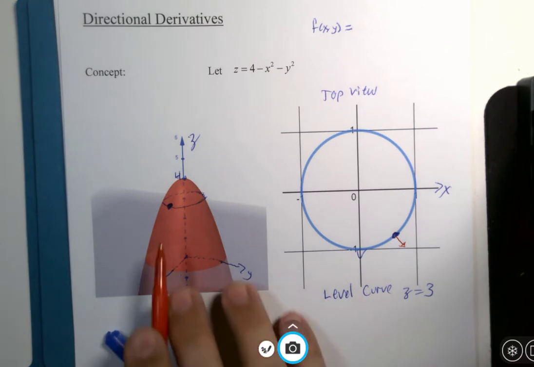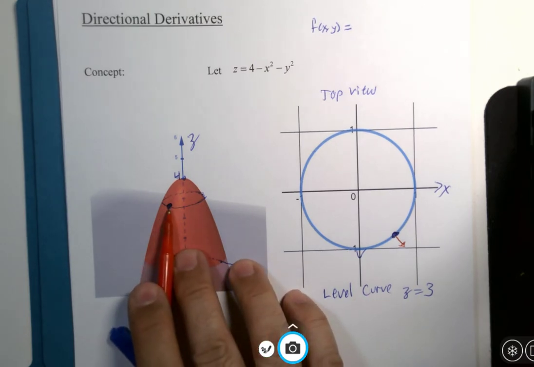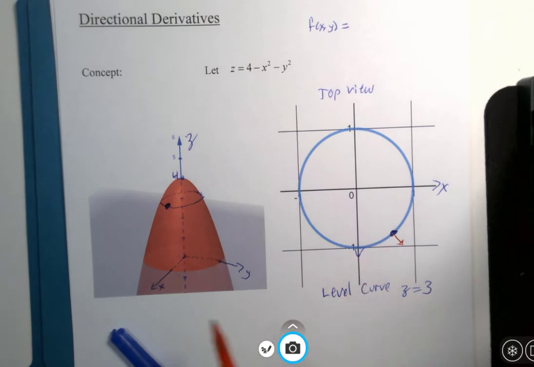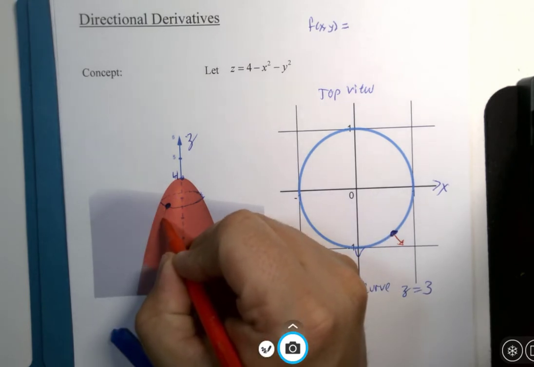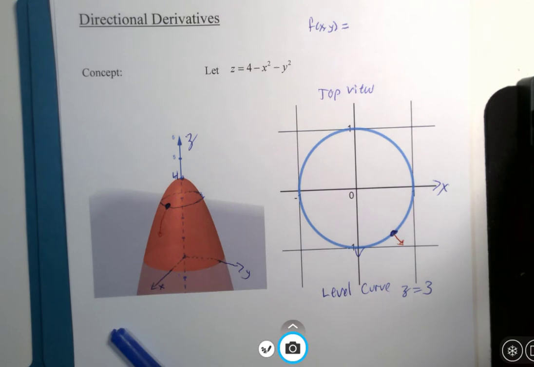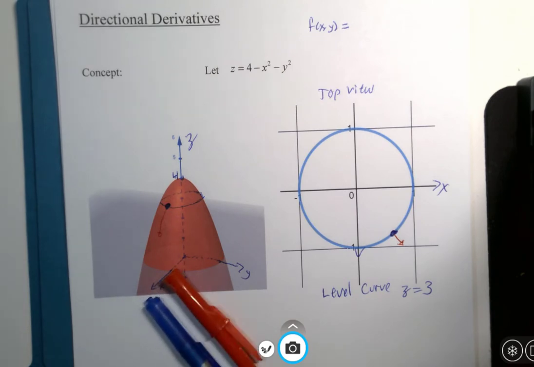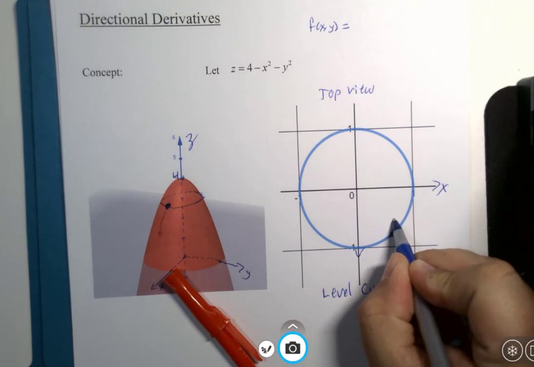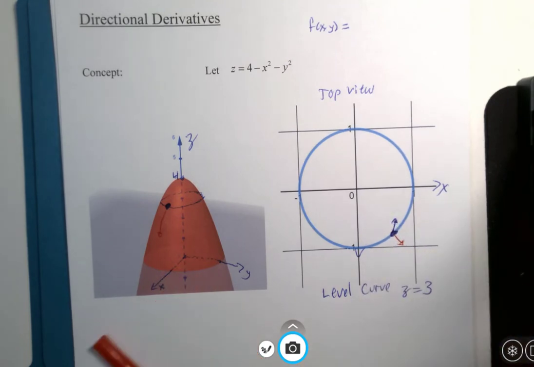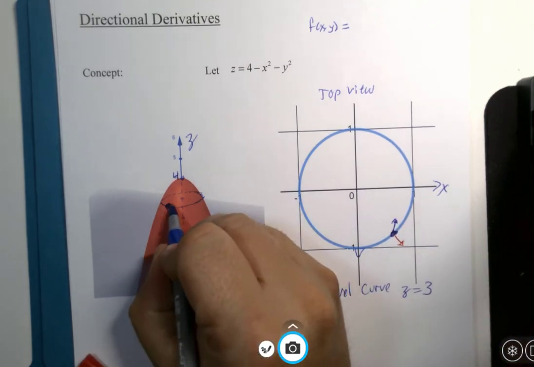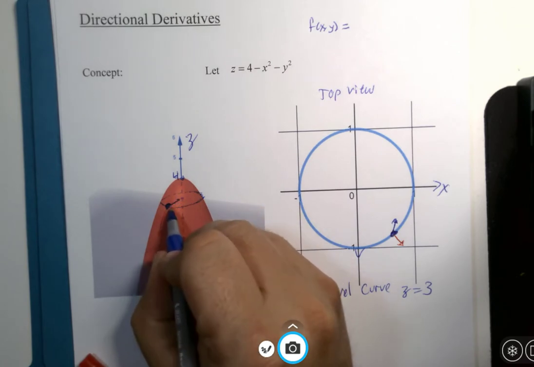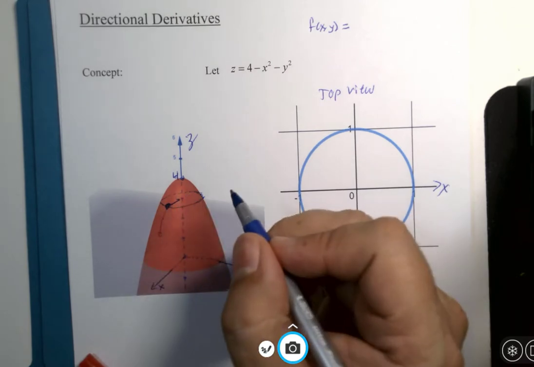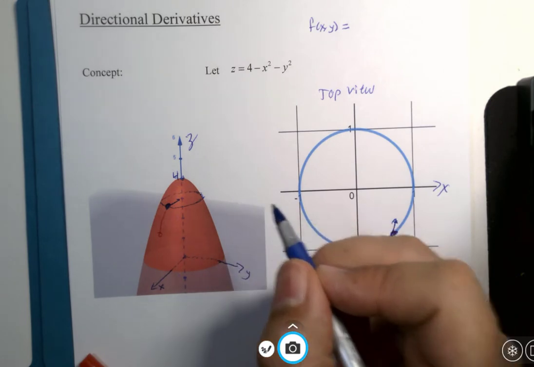what would happen on this graph? So we're standing at this point and we face this direction, we go that way. Well, I think we would find ourselves going down quite steeply down the side of the paraboloid. If we were to turn and maybe aim in this direction, we might be going sort of this way, sort of up and around the paraboloid.